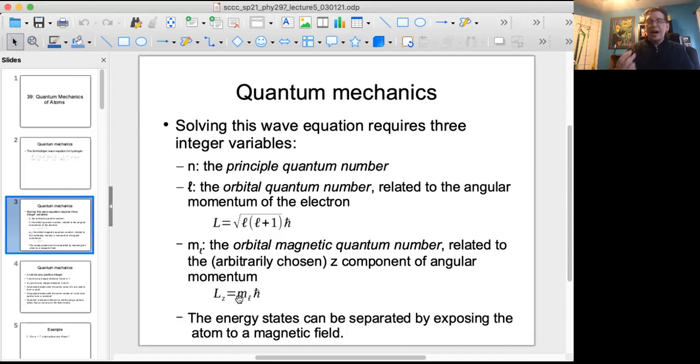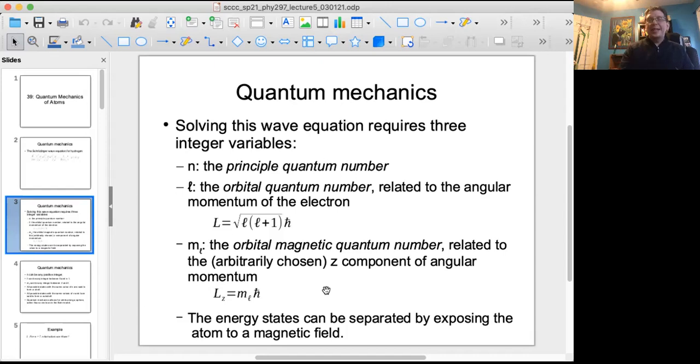So if the electron is spinning in the xy plane, then the angular momentum vector points in the z direction. But if it's making an angle relative to the xy plane, well, then the z component of the angular momentum is going to be smaller than the total magnitude.